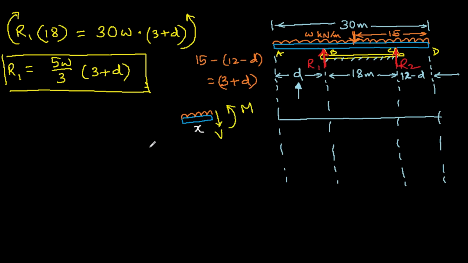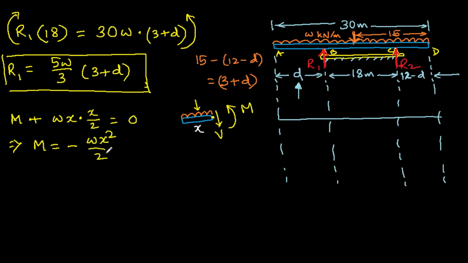Writing the equation, taking moment about this point: M plus w times x, the weight, acting at a distance of x over 2, equals 0. This implies M is equal to negative w x square over 2.